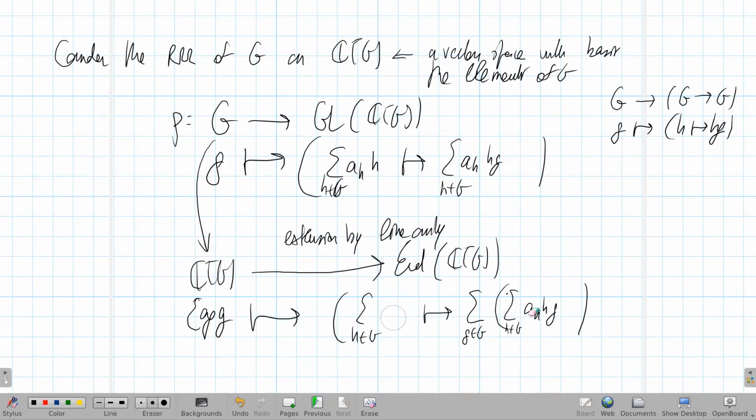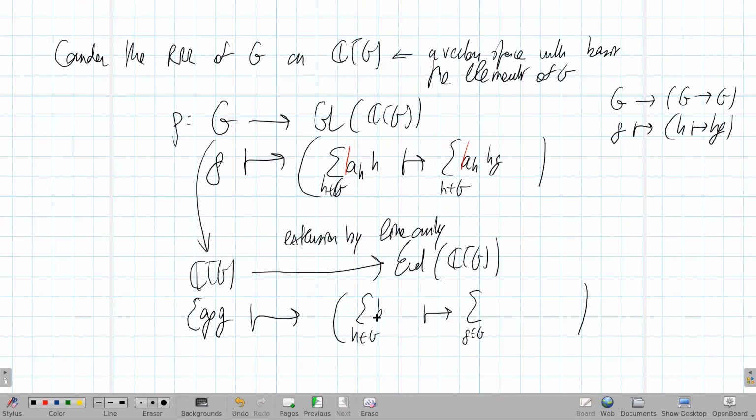Sorry, this is a bad notation. Let me correct, let me do it in red. Let's use B, because I have already used the A for the coefficients of this element. So that's a B now.